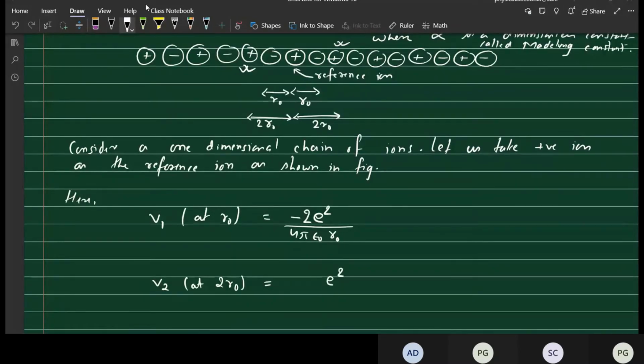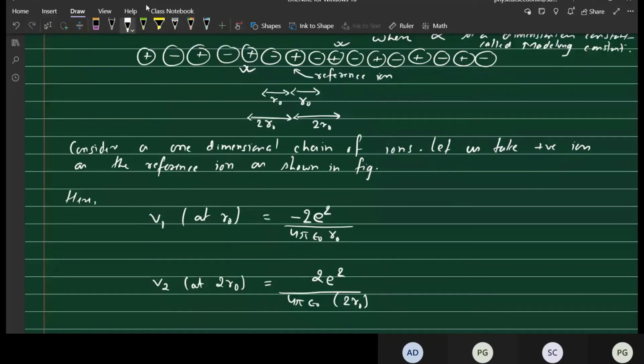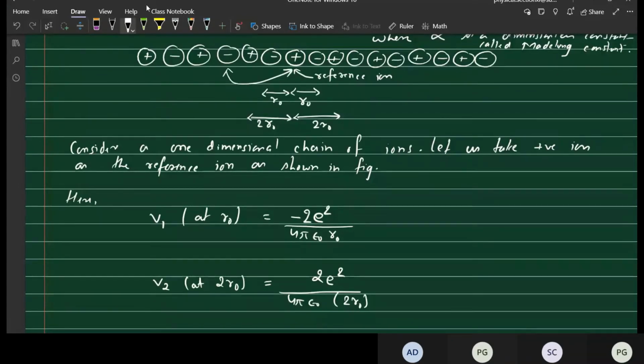So this will be plus E into plus E, E square, and you divide 4 pi epsilon naught, and distance is 2r0. And since the interaction is on both sides, we take here 2. Similarly, at distance 3r0, that means from here to here, on both sides.